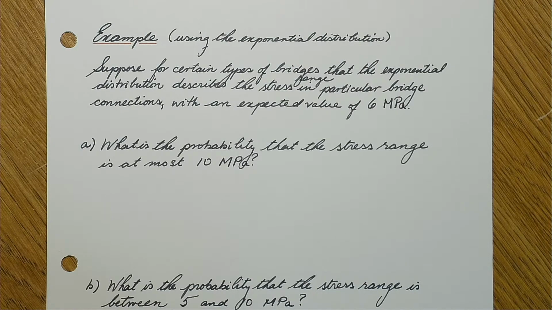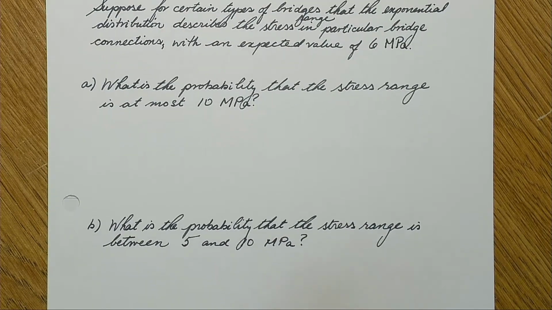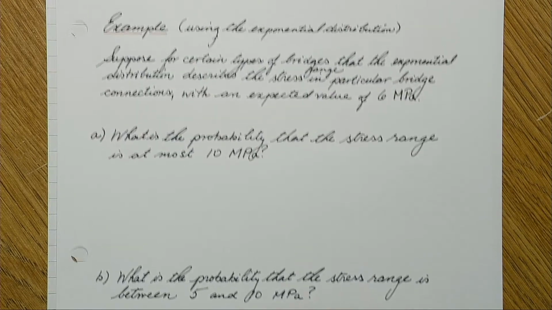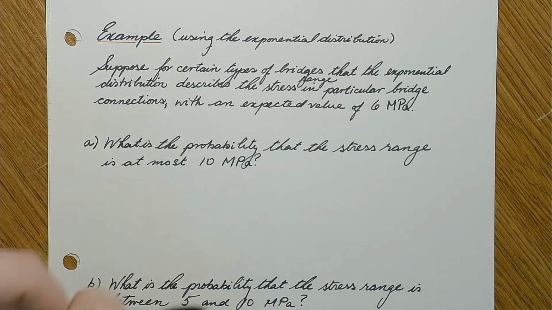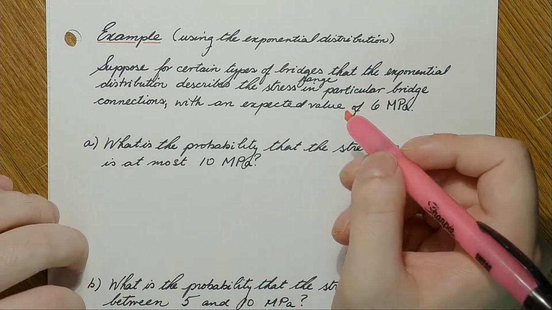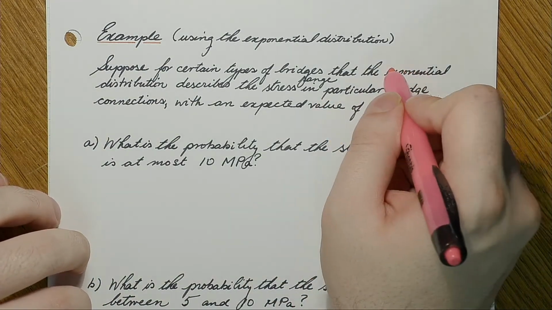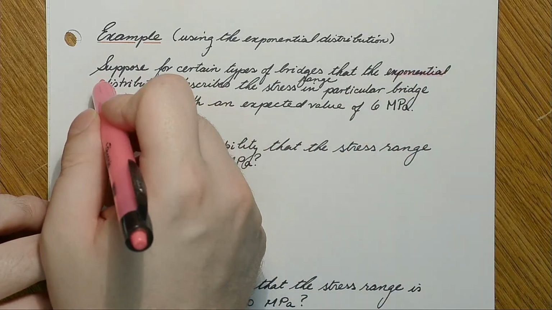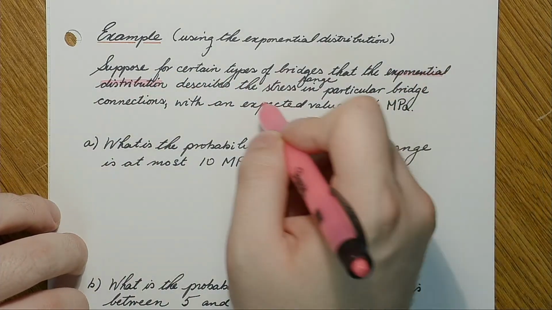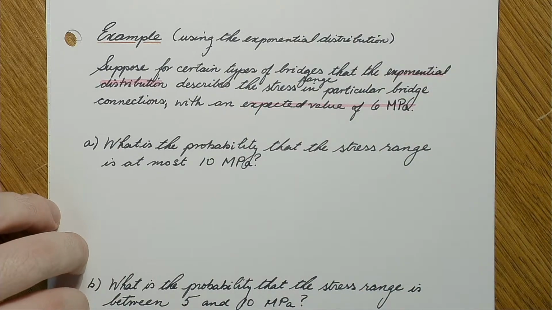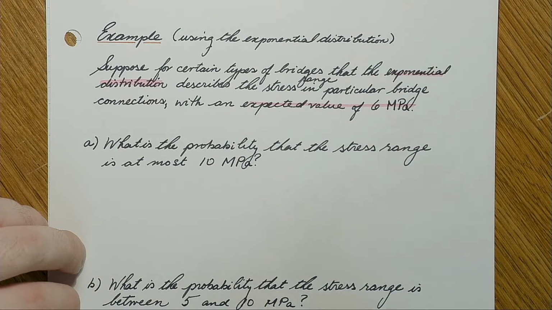What is the probability that the stress range is at most 10 megapascals, and what's the probability that the stress is between 5 and 10? What are the important things we notice here? Well, that it's an exponential distribution, and that the expected value is 6.